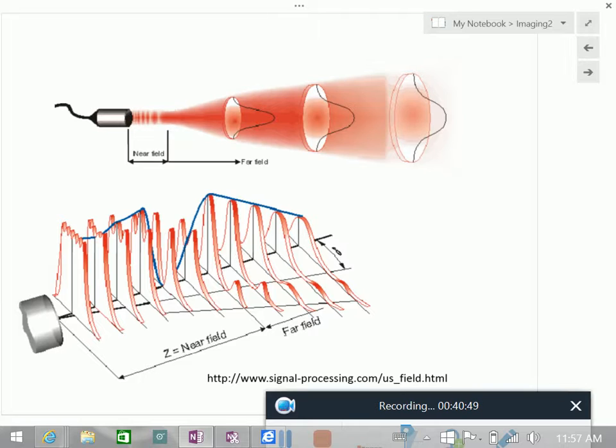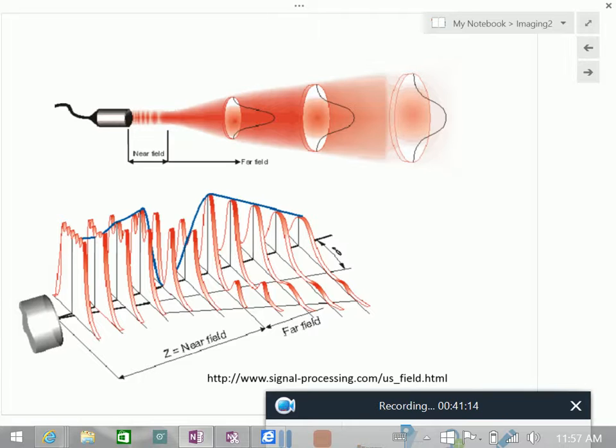Very close to the transducer, there is a zone called the near field. That's where the beam is kind of cylindrical. It has a diameter slightly smaller than the diameter of the transducer, and then starts to spread like that.